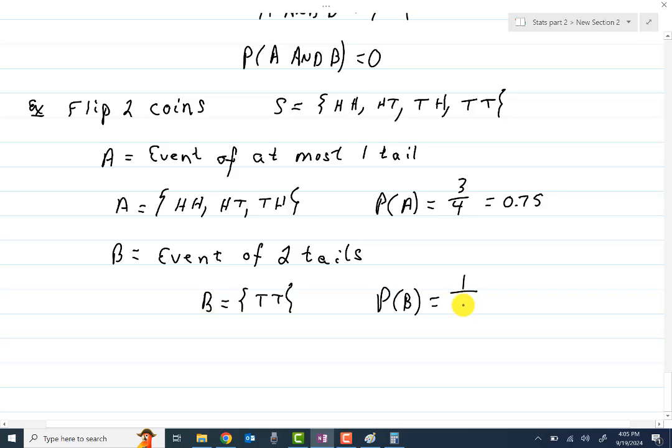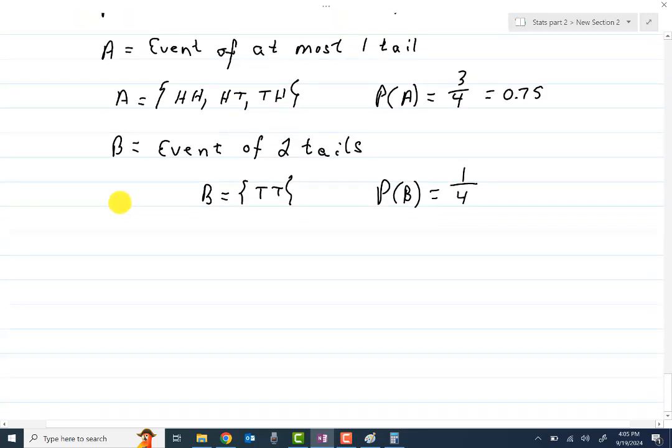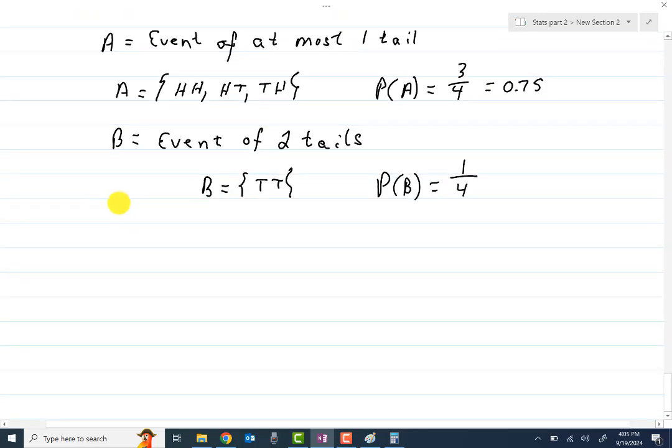There's 1 outcome out of the 4 possible. Notice that A and B do not overlap. So A and B are mutually exclusive events.